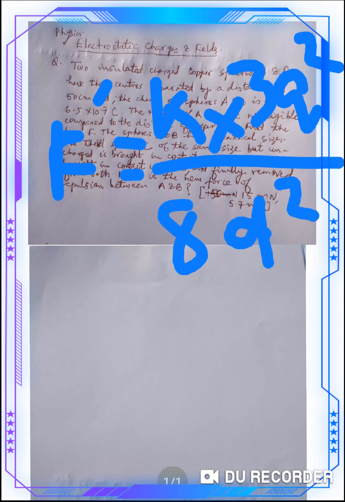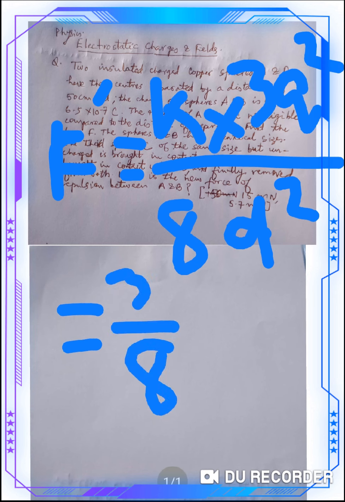Earlier we got F is equal to KQ square upon D square. So this will be equal to 3 upon 8 F. Now the value of F we got is 15 millinewton.